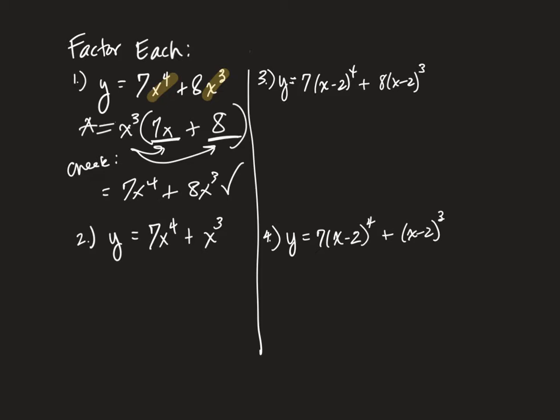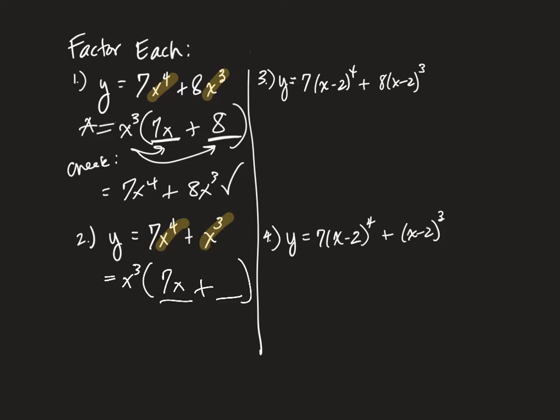problem number 2 is slightly different: 7x to the fourth plus x cubed. Again, they have an x cubed in common, so I'm going to factor out that common factor of x cubed and ask myself, x cubed times what will give me 7x to the fourth, and x cubed times what will give me x cubed. x cubed times 7x will give me 7x to the fourth, and x cubed times what will give me x cubed?